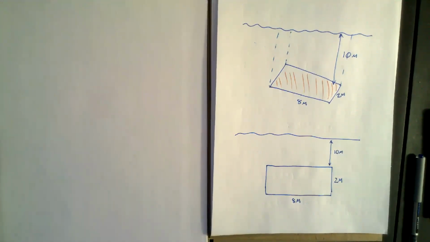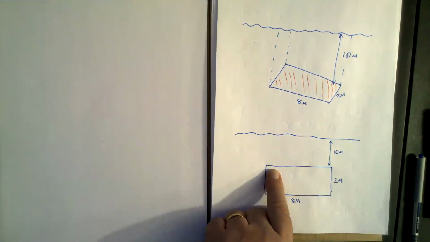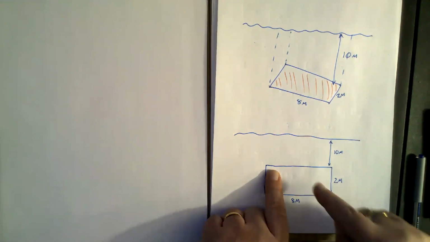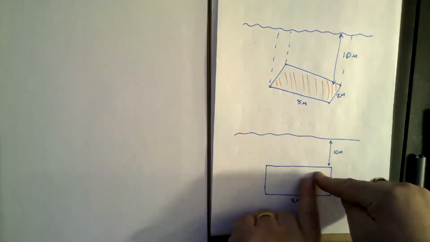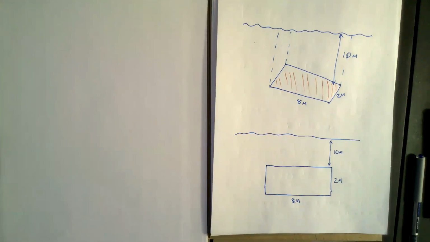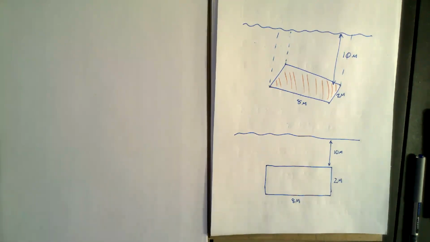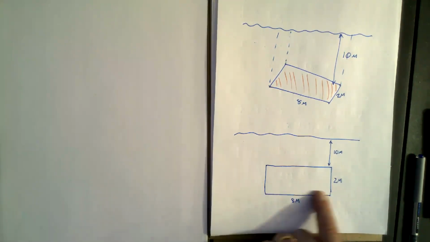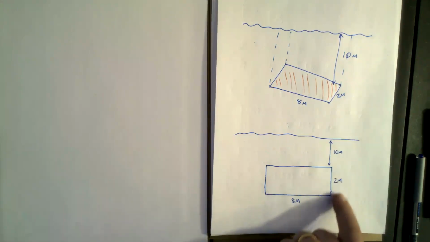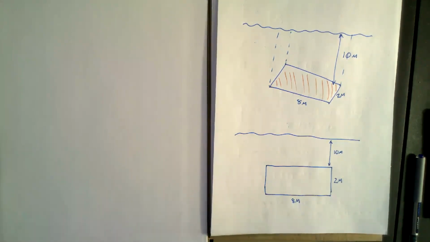But when you're talking about the hydrostatic pressure here, the pressure is different on the piece really at this top half here. At this top half here, the water pressure, although it's going sideways, is the equivalent to the amount of water pushing down on it, which is just the property that water does. So at the top here, you've got like 10 meters of water pushing on it. But at the bottom here, because it's 2 meters deeper, you're going to have 12 meters worth of water pushing against it.